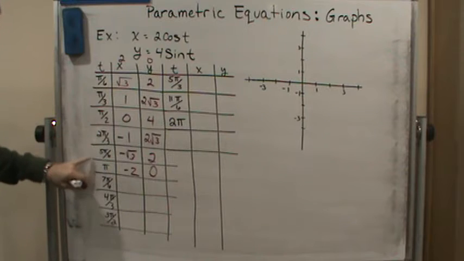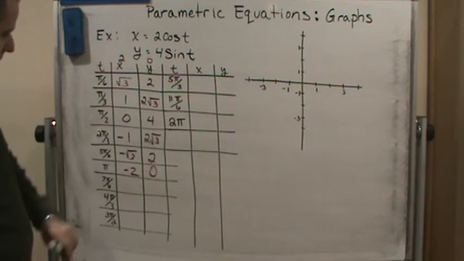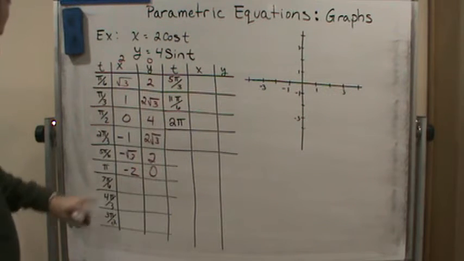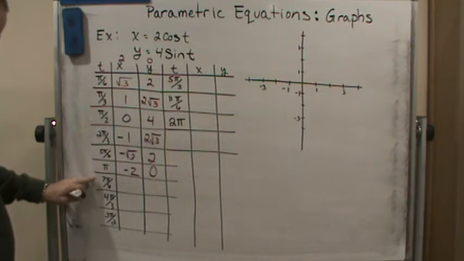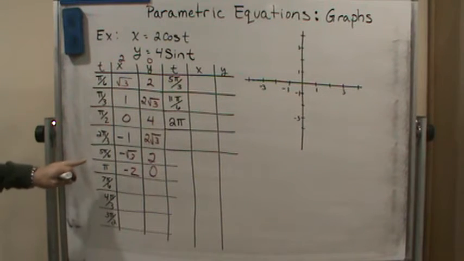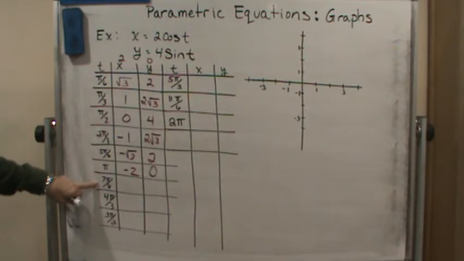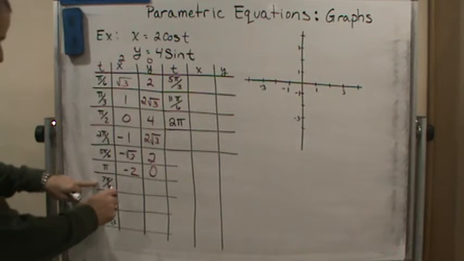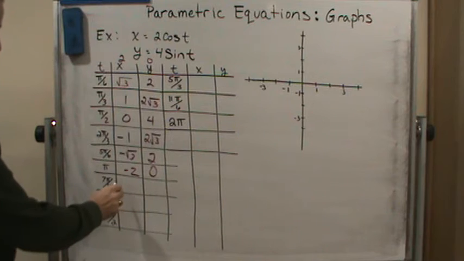Here now cosine is negative, sine is positive, right? And now I'm going to the third quadrant. So what's going to happen here? Well, third quadrant, cosine and sine are both negative. So guess what? Now it's growing. It's going to be what? Negative 2.